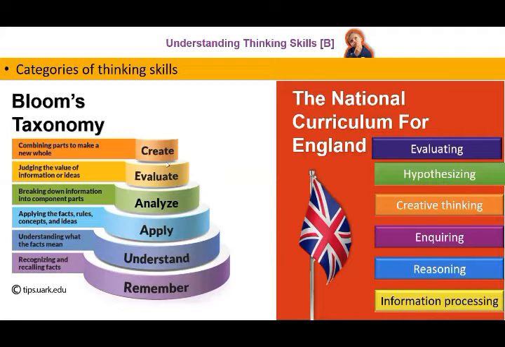Hypothesizing is an additional skill that you can find in the national curriculum but not in Bloom's taxonomy. And the last difference: the highest order thinking skill in the national curriculum is evaluating, and the highest skill in Bloom's taxonomy is creating. So these are the differences.